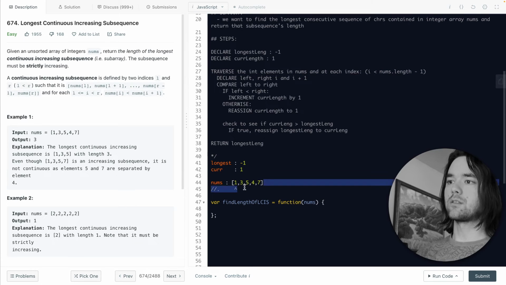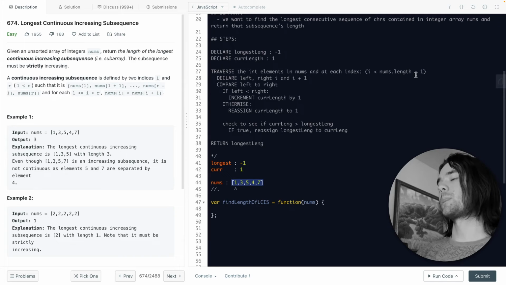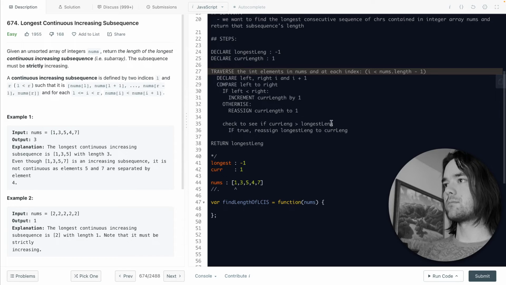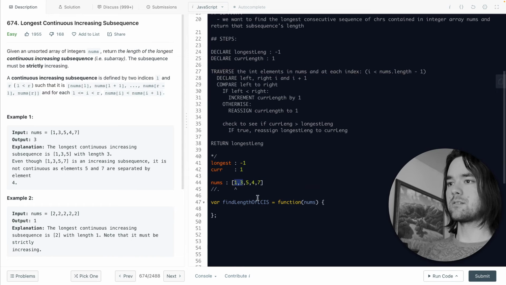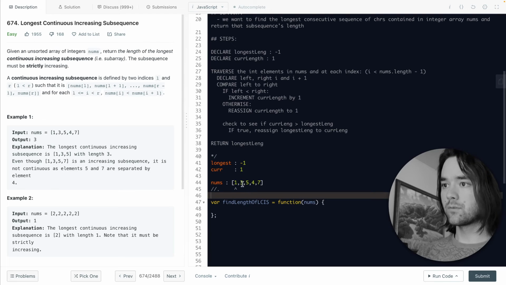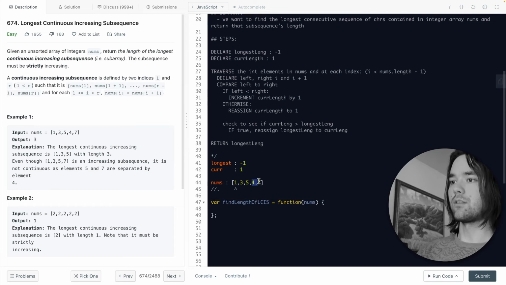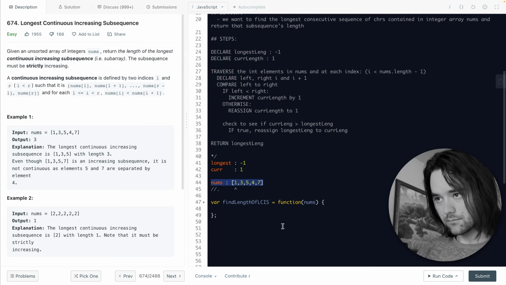So for an array of length 5, the length is 5. So as soon as i is equal to 4, we don't want to go past that. So essentially, we'd be looking at these two elements at i0, then these two elements at i1, these two elements at i2, and these two elements at i3. So going up to but not including this value, which is 4 for this input.